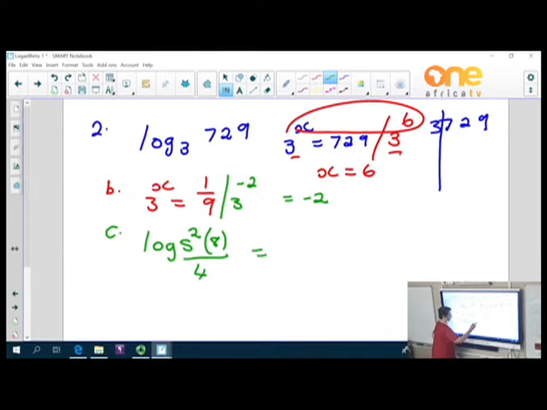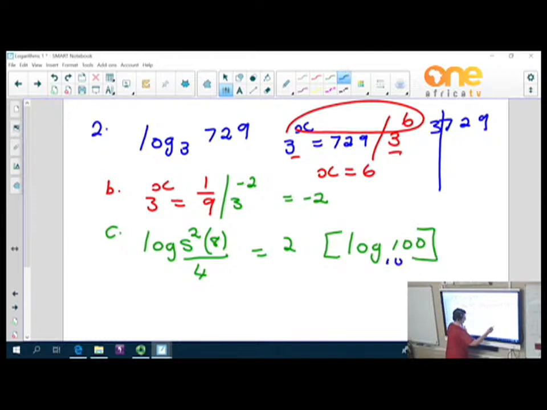And this answer, if you work it out, is 2. Because, let me just explain, you get log 100. And now remember again, this is base 10, so 10 to the power of 2 is 100. So that's how I get the 2 there.